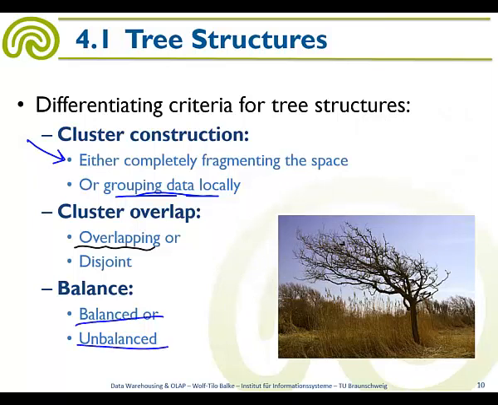Another thing is, should the tree be balanced or unbalanced? Balanced means the clusters usually will have the same number of children, so they are of the same size. Or unbalanced, meaning something like the left deep tree, which we use for query optimization. Balanced will always probably be better. And why is that?